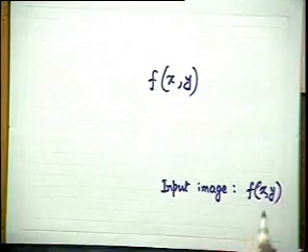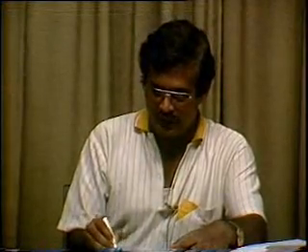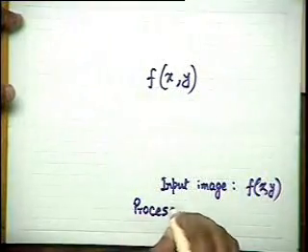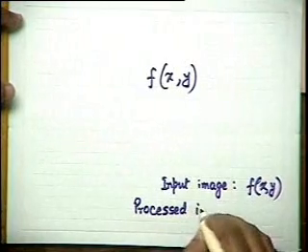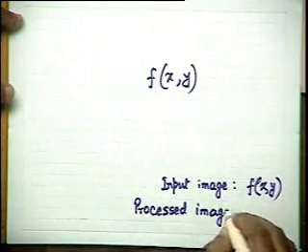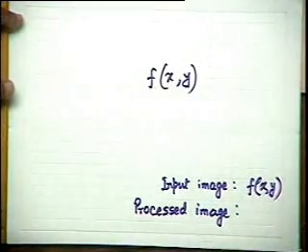Given this input image, we would like to get an output image, or rather a processed image. Let me now start calling it the processed image. Our objective is to get a processed image, which I will not write as f(x,y) because it is not the same image function.